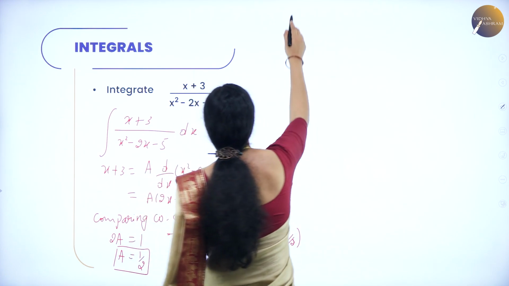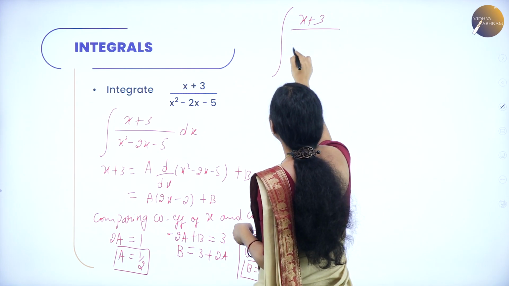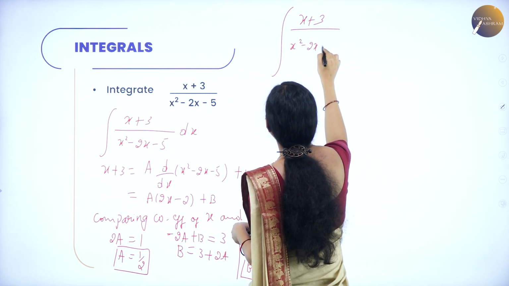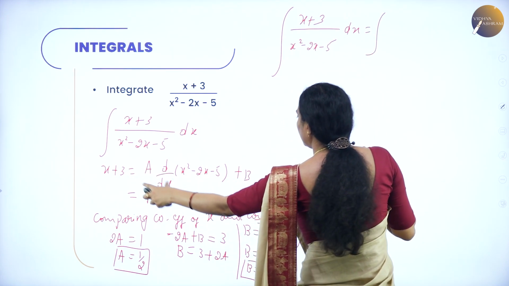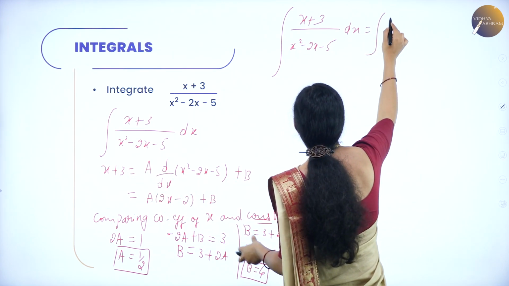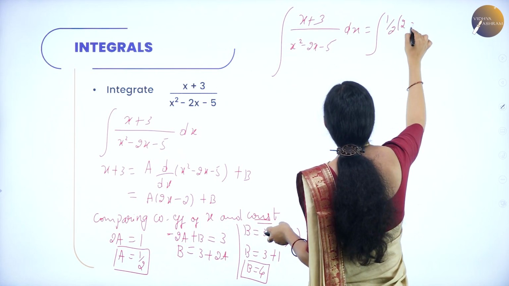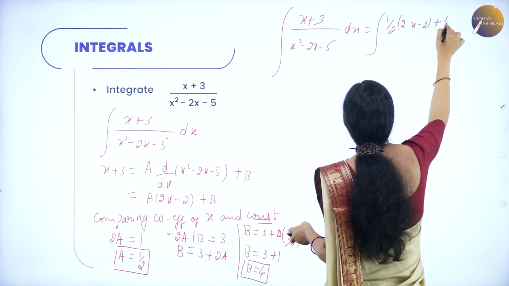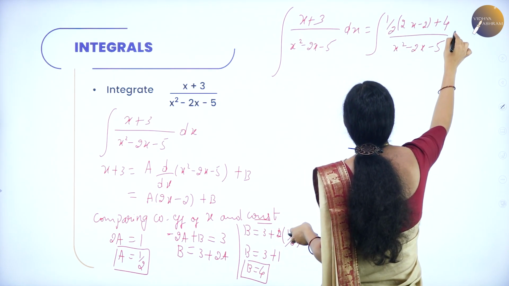Now you have the integral of x plus 3 divided by x squared minus 2x minus 5 into dx. Observe, dear students, this I am writing in the form of this. So the a value I am substituting as 1 by 2 into 2x minus 2 plus the b value as 4, divided by x squared minus 2x minus 5 into dx.